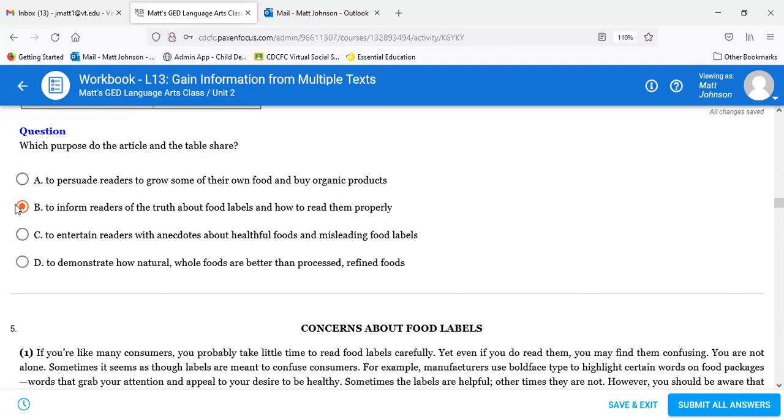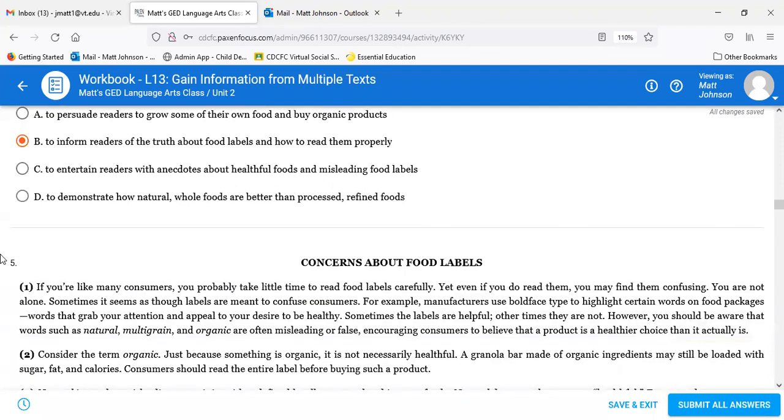Whole wheat's a great source of nutrients, that would be more of a persuasive argument. Included to entertain, I mean, if grains are your thing, if that's your jam, maybe that entertains you, but it's definitely for information here. And then to demonstrate how natural whole foods are better than processed, it doesn't really get into that, right? It's just saying what the difference is. So that leaves B there for us for number 4.